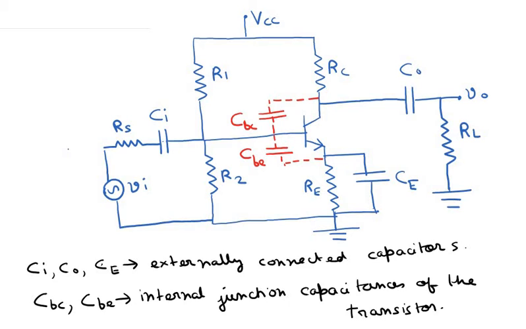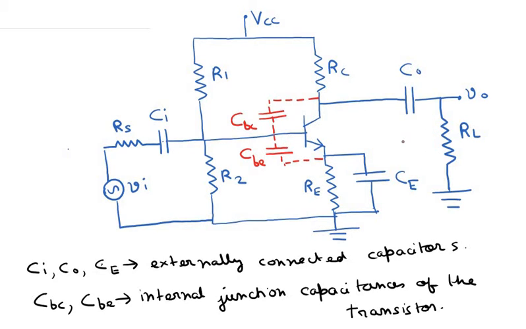Okay. Similarly, if C0 does not act as a short circuit anymore, then C0 would also provide a finite impedance to the path of the AC voltage. Earlier, C0 was acting as a short circuit to the AC voltage, and therefore the entire AC component of the output voltage would drop across this load resistor RL.